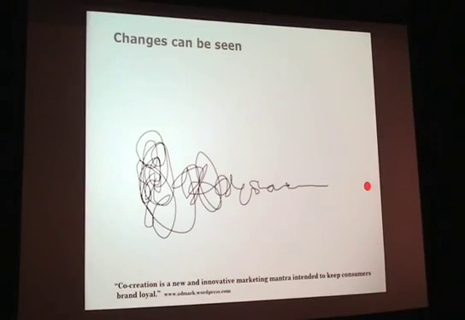I do a Google search on co-creation, so I kind of see what's happening. A lot of co-creation is being discussed more from a marketing mindset. And the quote here exemplifies that approach to co-creation: co-creation is a new and innovative marketing mantra intended to keep consumers brand loyal.